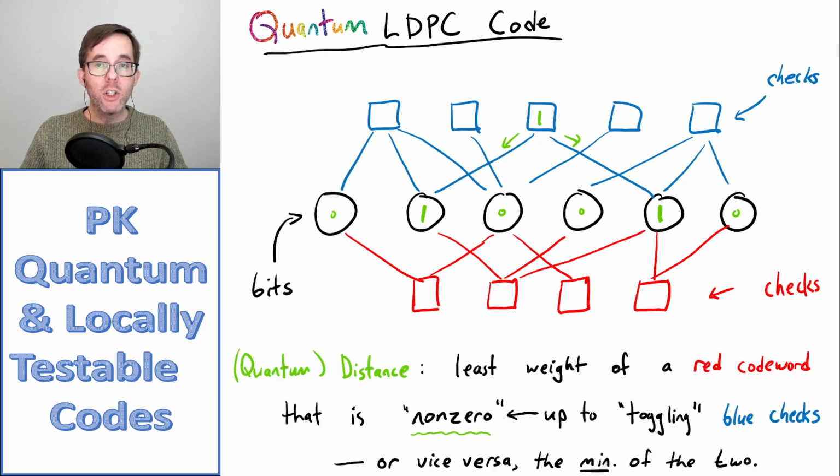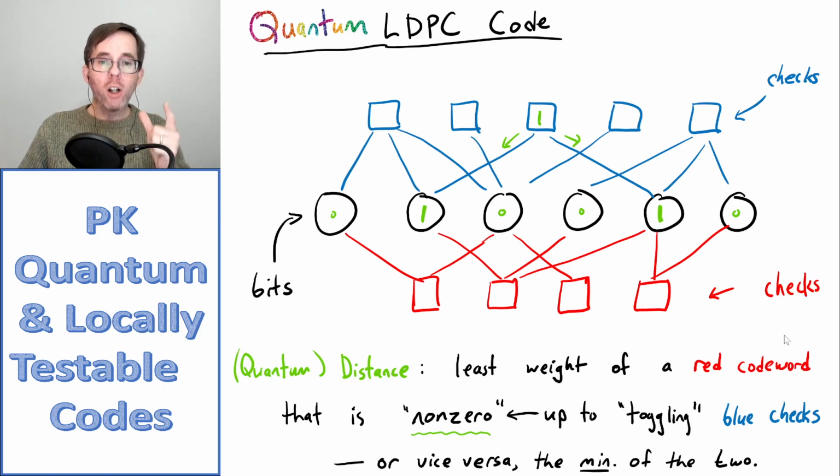So given these 2 orthogonal LDPC codes, the quantum distance is maybe not the first thing you would think it is. Rather, what you need to do is look at the least weight of a red code word, but don't go over all non-zero code words. Only go over the code words that are non-zero up to toggling blue checks.